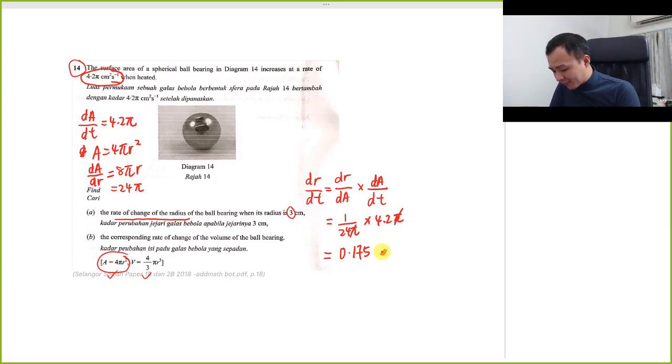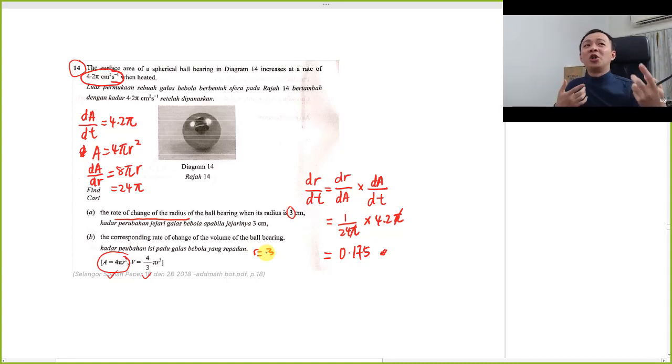Alright, then the corresponding rate of change of the volume. When I see the word corresponding, I guess they are using the same information above. It's something like, at that moment, what is the rate of change of volume? So therefore, I will use r equals 3 again in this question. Because the question wants the rate of change of volume, I know rate means dt, volume means dV.